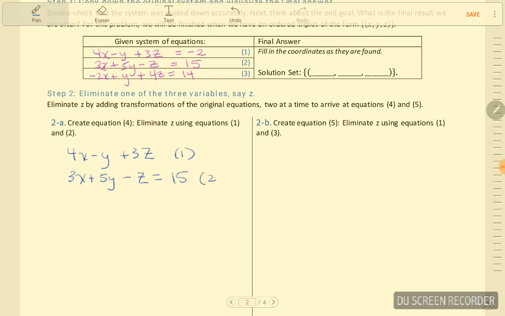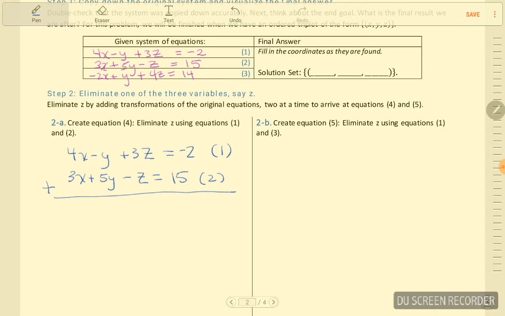So then I want to cancel out z, so I'm going to be adding these together, and so I need to multiply possibly both equations, or maybe just one of the equations, by something so that the z's will cancel when I add them.